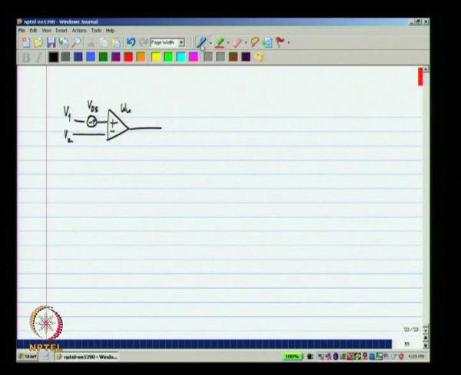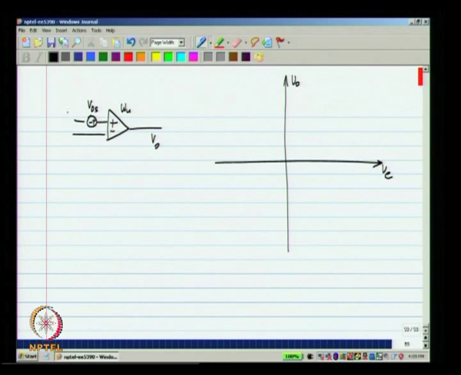Now, first of all, the DC characteristic of the op amp itself, V naught versus VE, ideally should have been a straight line passing through the origin and having a slope of A naught. Now, clearly you see that if VE is 0, the output will not be 0.